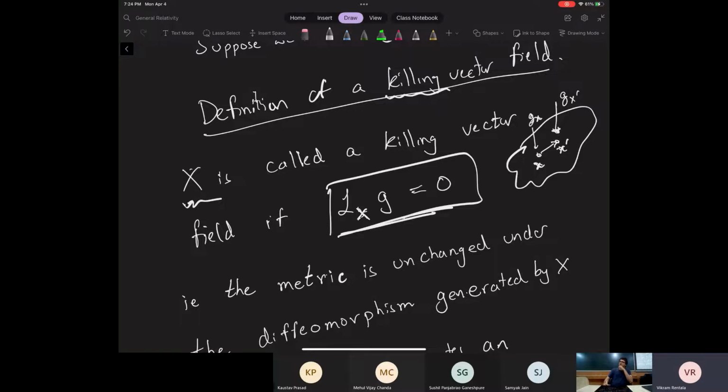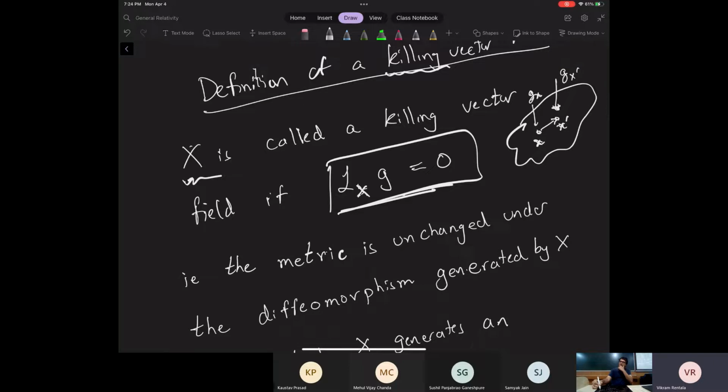What we're saying is, after you make the diffeomorphism, I bring this point x prime back to x by performing a diffeomorphism by minus epsilon, or equivalently I relabel the coordinates of x prime as x.